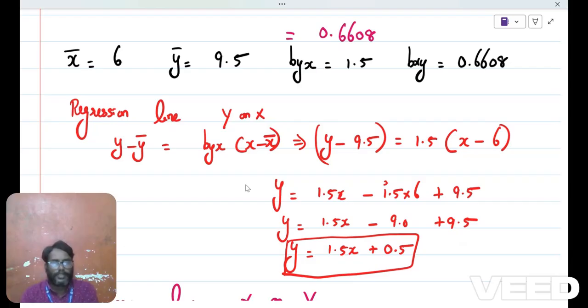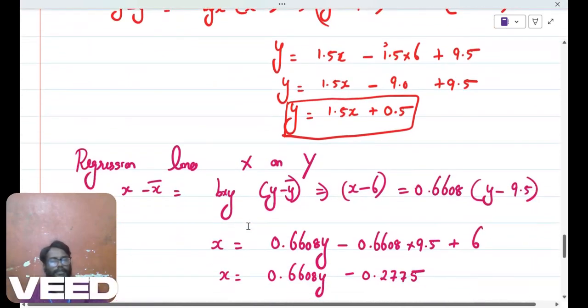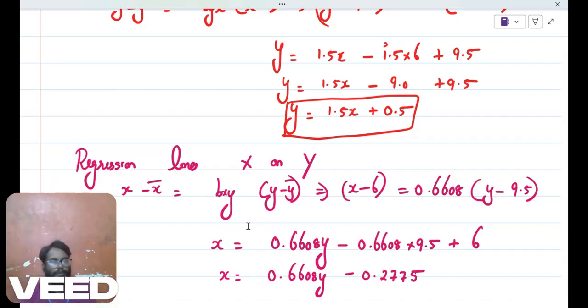First, regression line y on x: y minus y bar is equal to b of yx into x minus x bar, which is y minus 9.5 is equal to 1.5 into x minus 6. On simplification, we get the regression line y on x as y is equal to 1.5x plus 0.5.